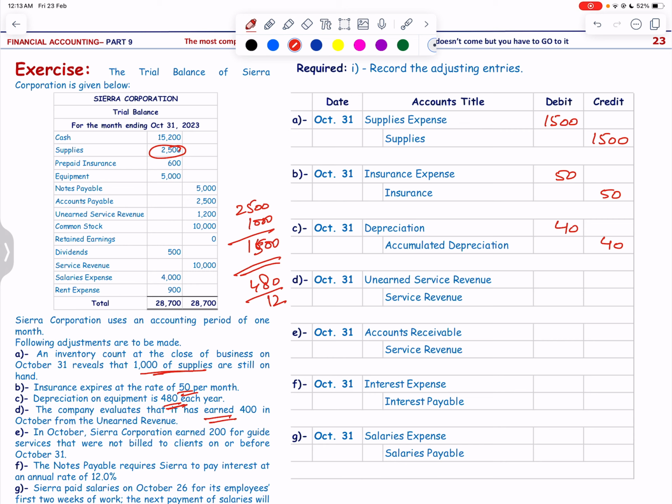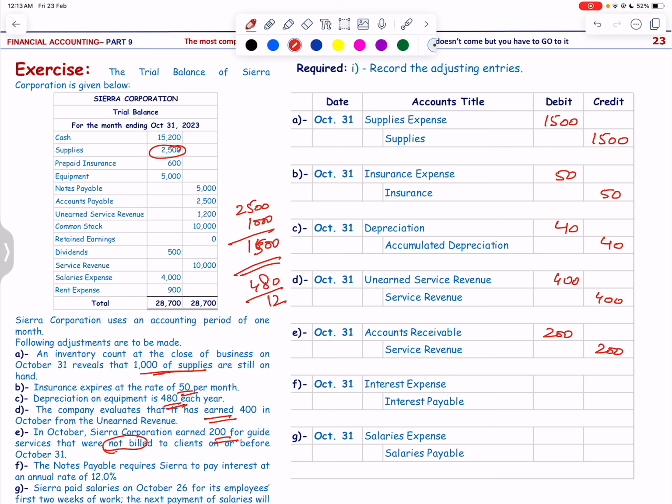So unearned service revenue is debit by 400 and service revenue is credit by 400. Next, on October 31st, they have earned 200 for guided services that were not billed to the client. So accounts receivable is debit and service revenue is credit.